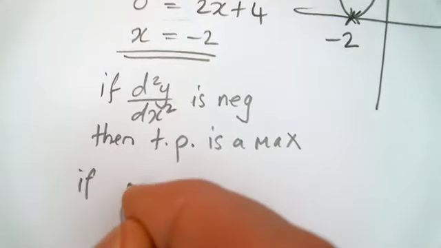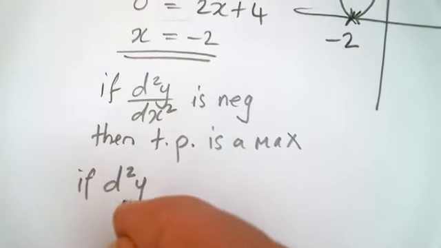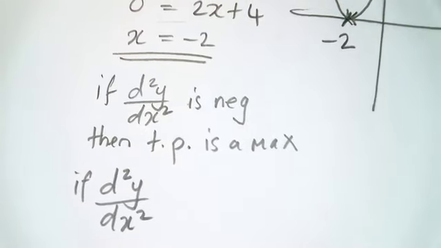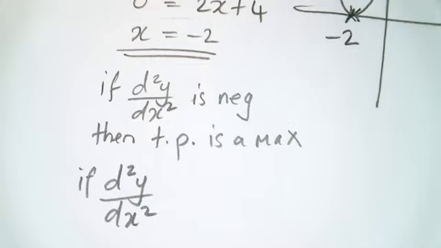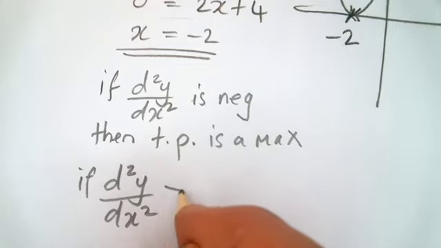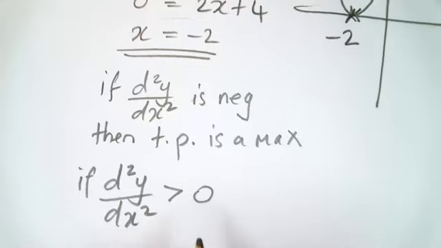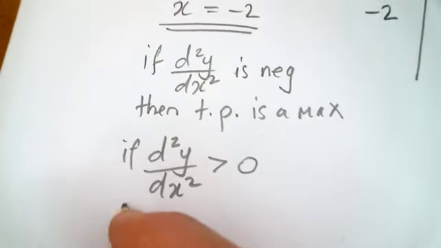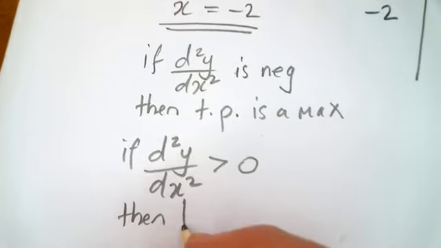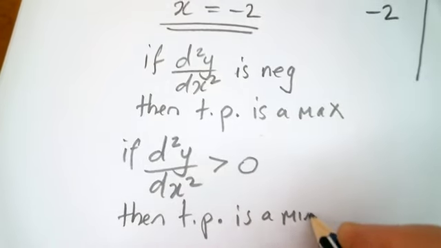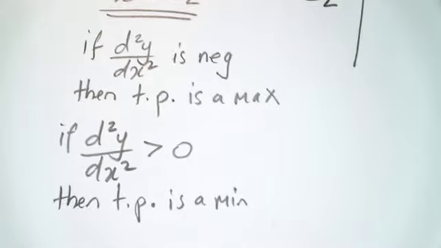If the second derivative, and I'll write it slightly differently this time, is positive, now notice to write positive, all I have to do is say is greater than 0. So this would be less than 0. This is greater than 0, then the turning point is a minimum. All right, well, let's see how that plays out. Let's see if that's true.